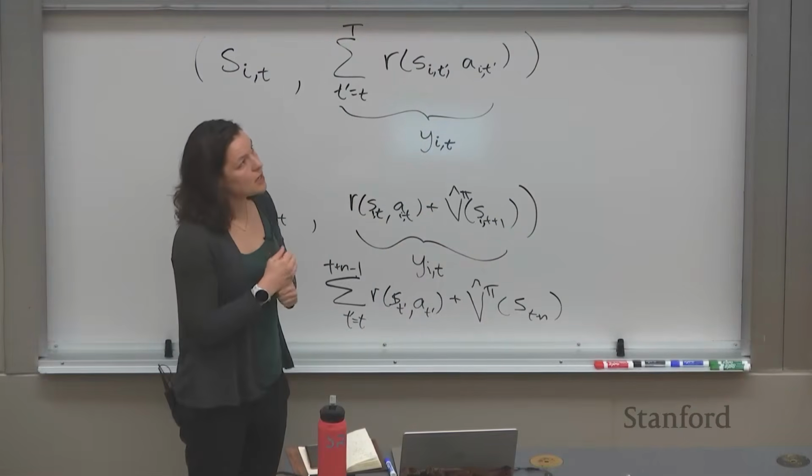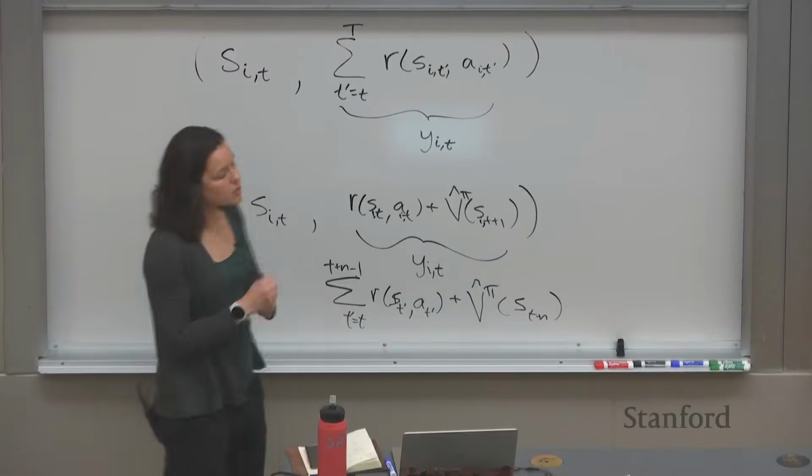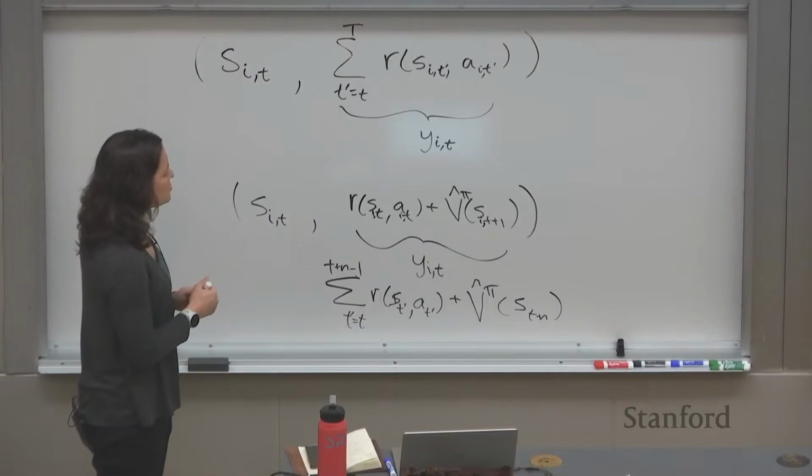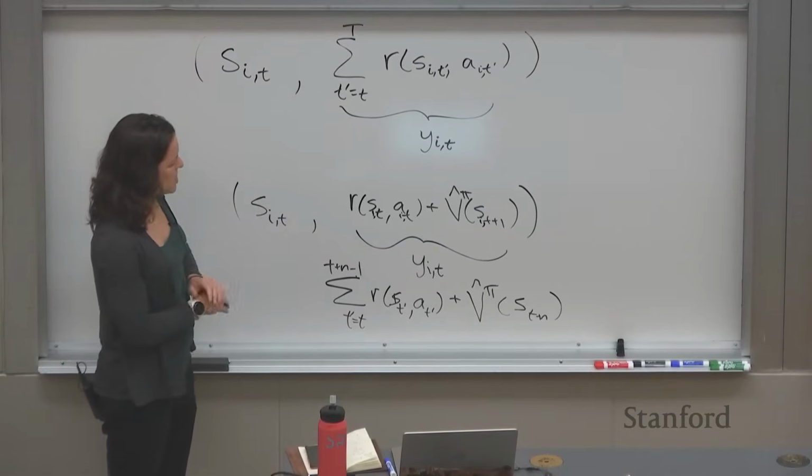If you have a very long time trajectory, can you use both of these, you're asking? Oh, yeah. You could also add all of these to your data set in principle.